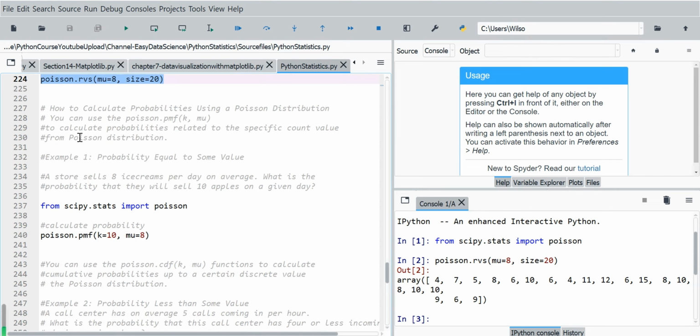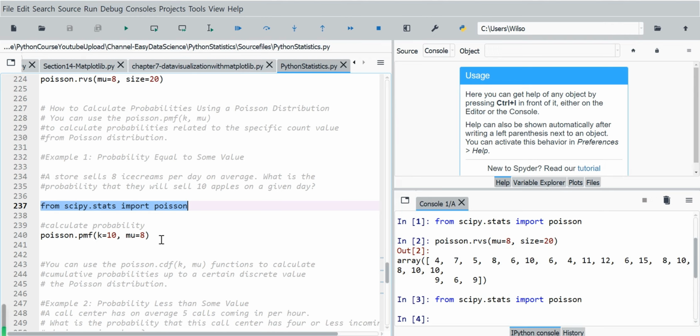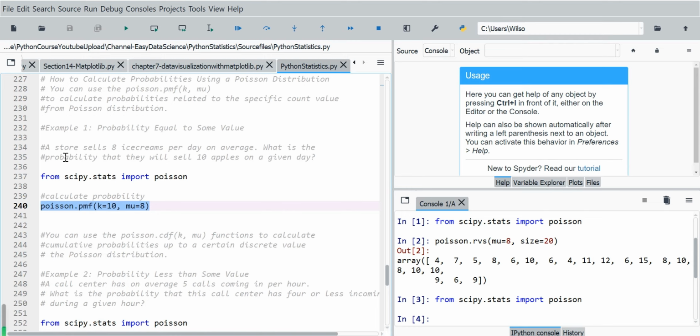Next is calculating the probability related to a specific count value from the Poisson distribution. We also load the poisson module, then calculate the probability. For example, a store sells 8 ice creams per day on average. What is the probability that they will sell 10 ice creams on a given day?